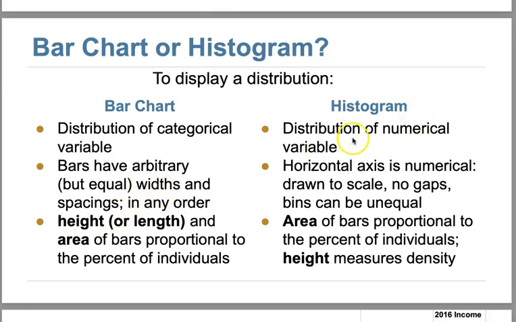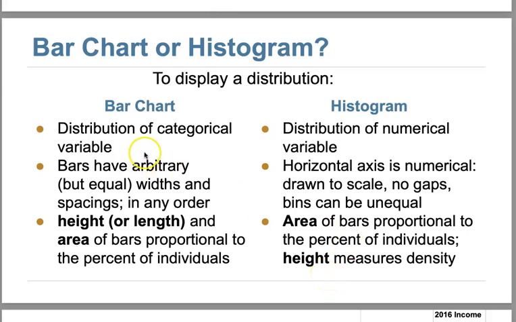But the histogram represents the distribution for a numerical variable. The horizontal axis is always numerical, so you use the scale, with no gap, and the bins can be unequal. Since the bins are unequal, the area of the bar is proportional to the percent of the individuals, but not the height. The height is actually the density.